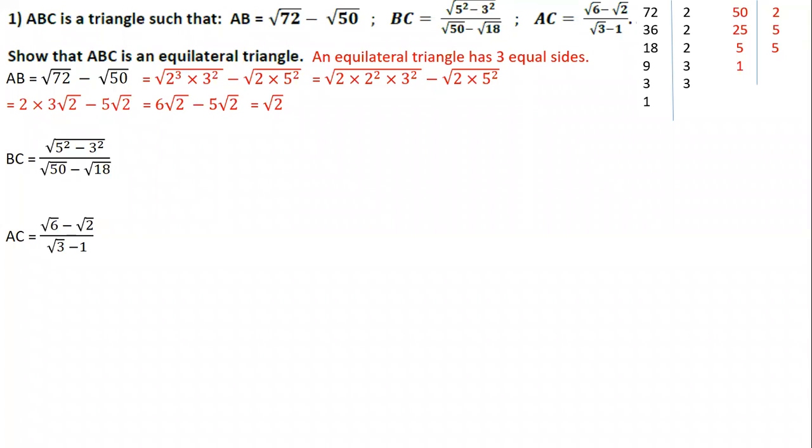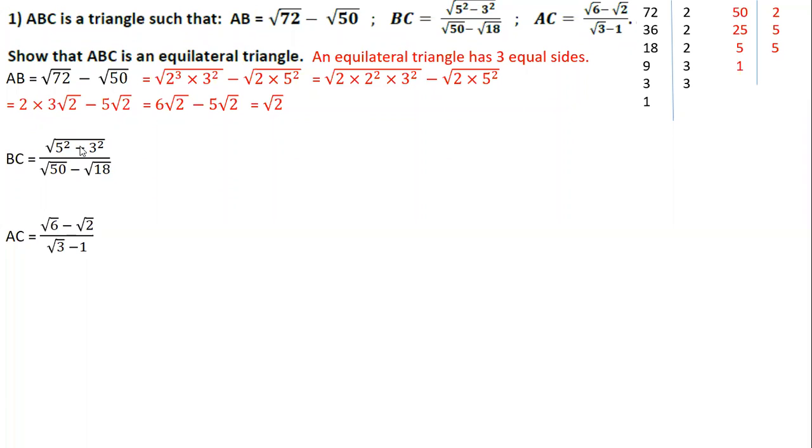Okay, I want to ask a question to all of you if you can answer. Here I can get 2 squared outside, it becomes 2. Here, can we get 5 squared outside, it becomes 5, and the 3 squared outside, it becomes 3? Can we do this, guys? No. Why no?